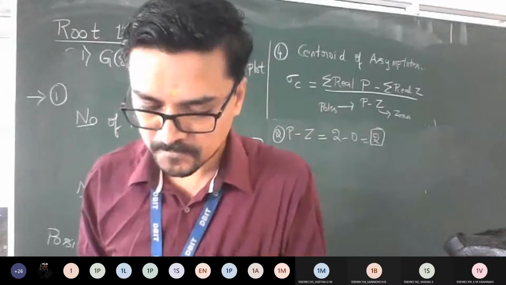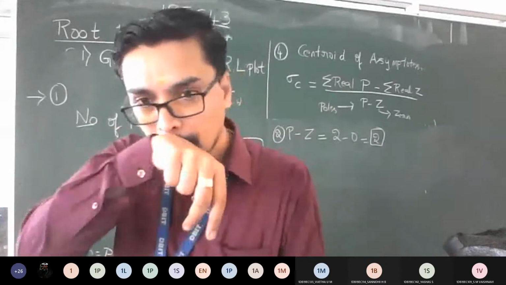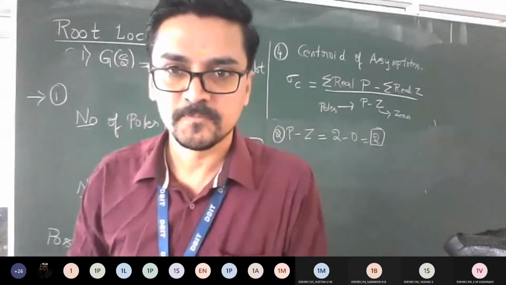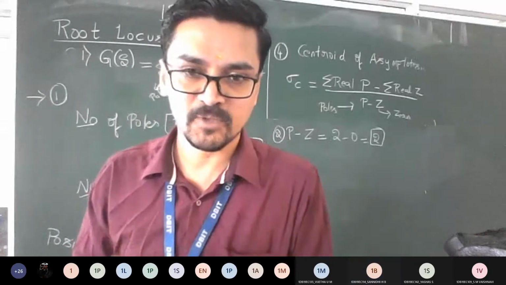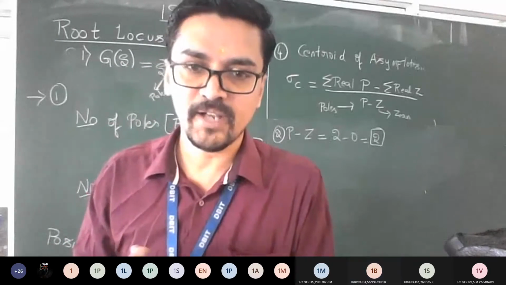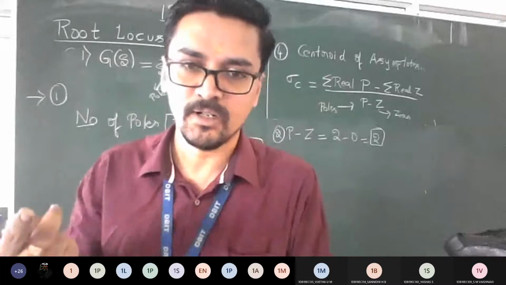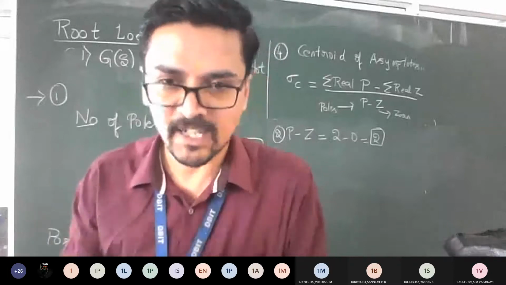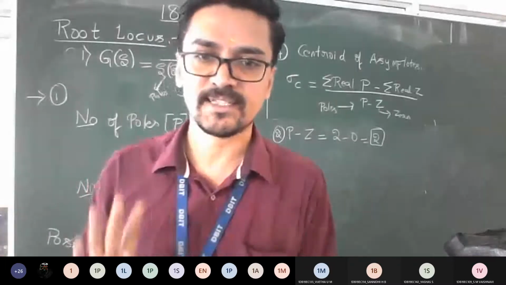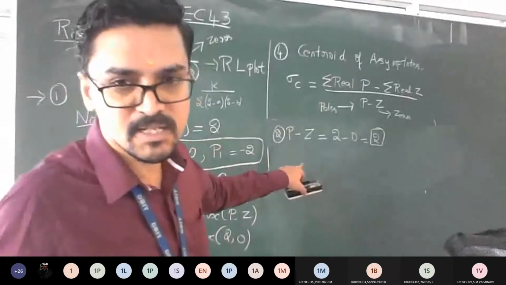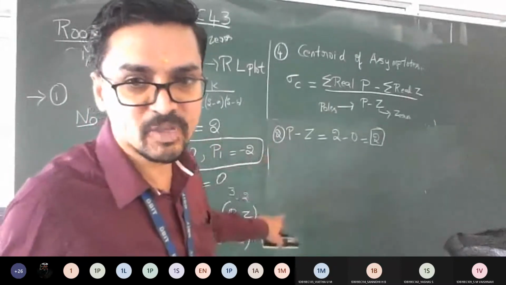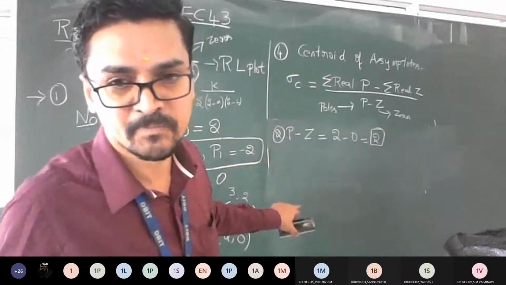Am I clear? Yes, sir. So if you find asymptotes are 3, then you need to vary your q from 0, 1, 2 and you have to get theta 1, theta 2, theta 3. So things are simpler. So have we got step number 2, why we are calculating the number of asymptotes? This is indirectly linked to the number of angles of asymptotes.